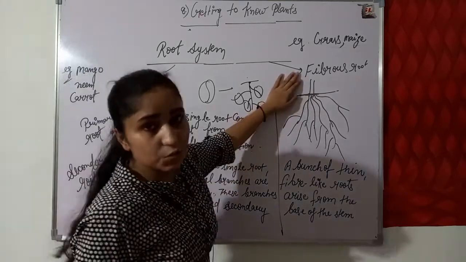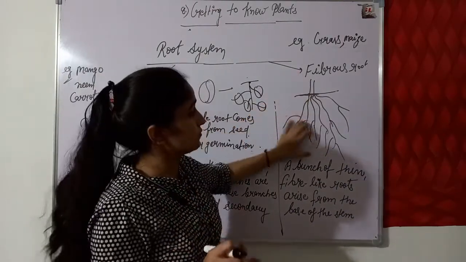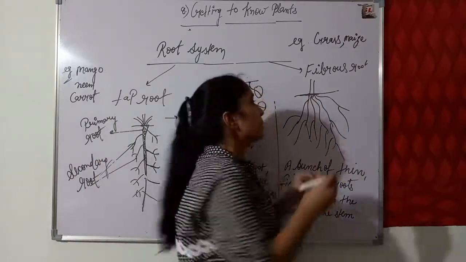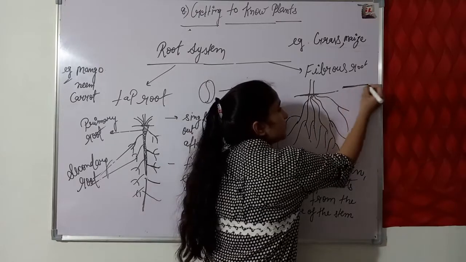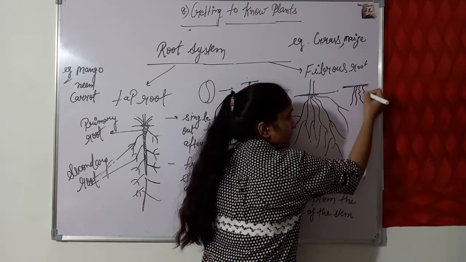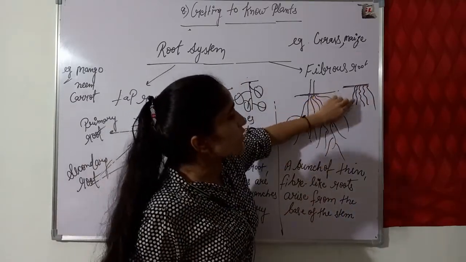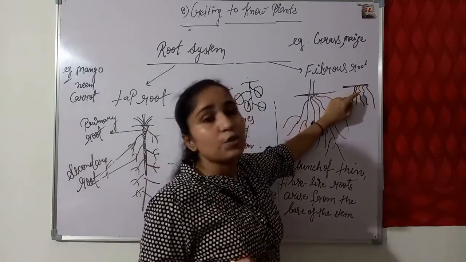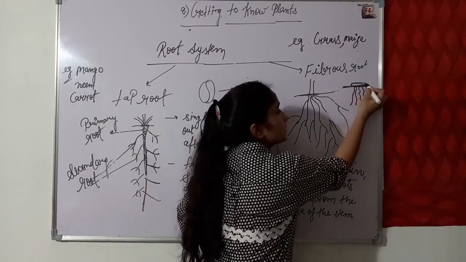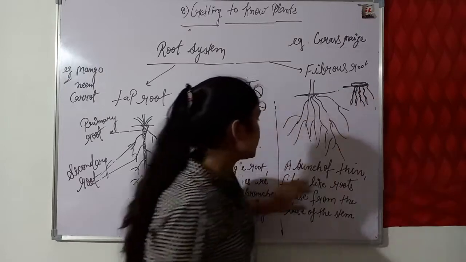And here is the fibrous root. There are no secondary roots formed. We can say that all the root branches are primary, because all roots arise from the basal part of the stem and form a group, such as a bunch.